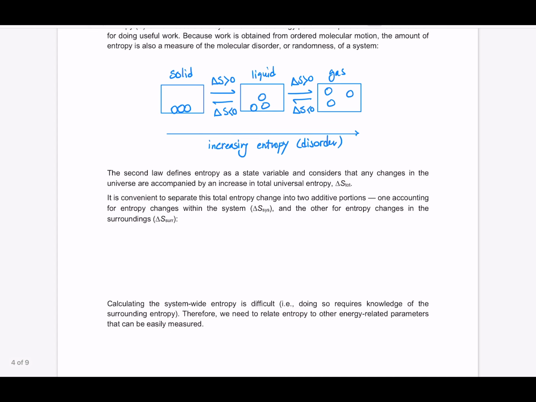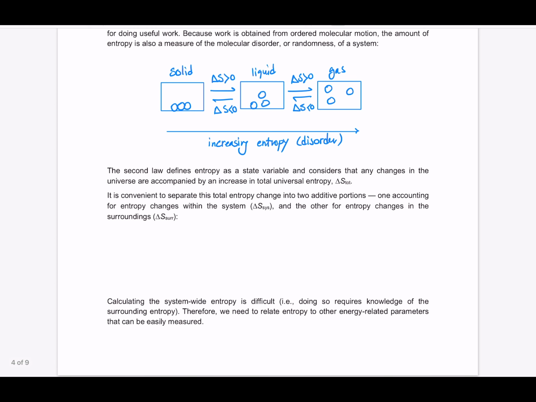So if we consider this volume as a system, then anything else in this universe is the surroundings, and we can define the universe to be the surroundings plus the system, right? Then the change in the entropy of the universe, or delta S total, is equal to the change in the entropy of the system plus the change in the entropy of the surroundings.